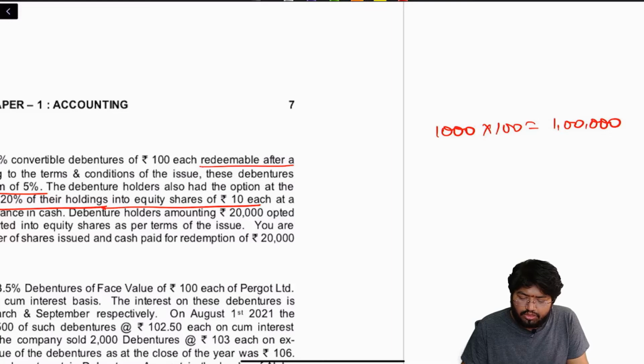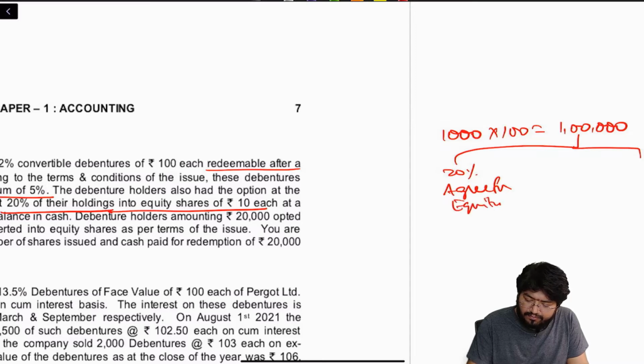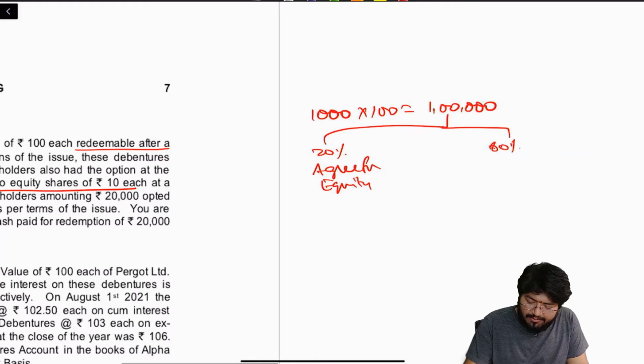Now, out of this, 20% are agreeing for equity. 80%, what am I supposed to do? I am supposed to give them in cash.